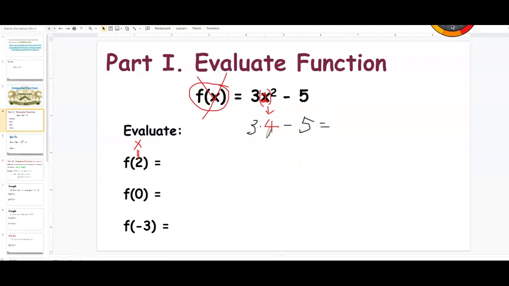We're going to do the multiplication first. 3 times 4 is 12. And bring down whatever you haven't touched, which is minus 5. And finally calculate 12 minus 5 is positive 7. So when x equals 2, based on the equation, y equals 7.